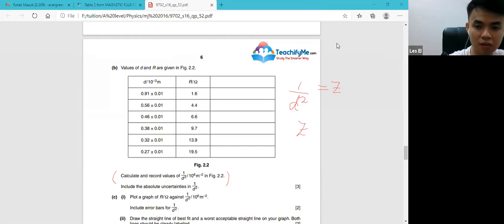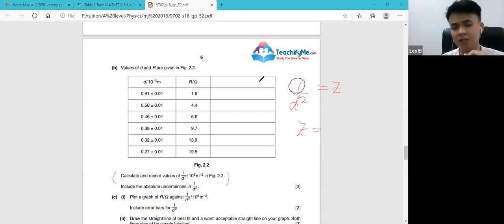So z is equals to, let me ask you a question here. 1 is a coefficient, right? Does the number 1 have any uncertainty? Mm.